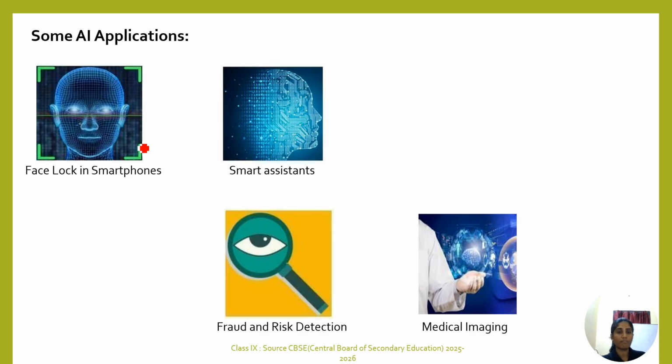Many banks and financial institutions have this kind of fraud and risk detection in their system. Even in money laundering, in order to find any lapse, or if there is any illegal transaction happening, they can use AI for their fraud and risk detection purpose.